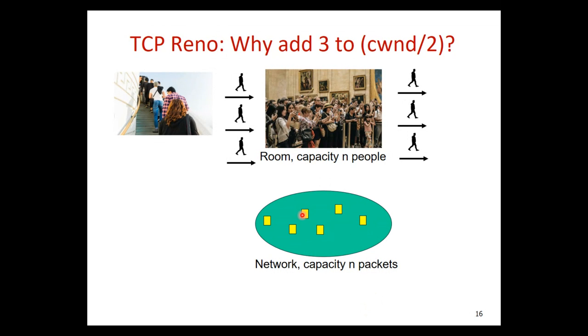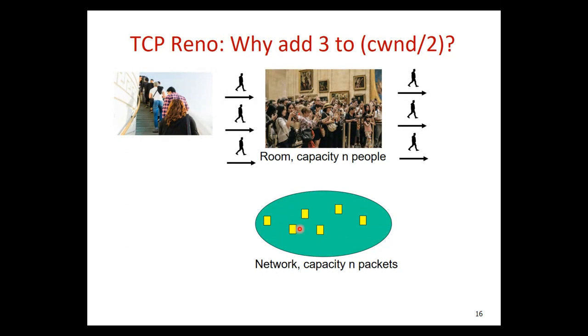My room is going to be the computer network, and here my computer network has a capacity of n packets. Essentially, I say capacity of n packets because these are the packets which are in transit in the network, right? They are on their way to the destination.